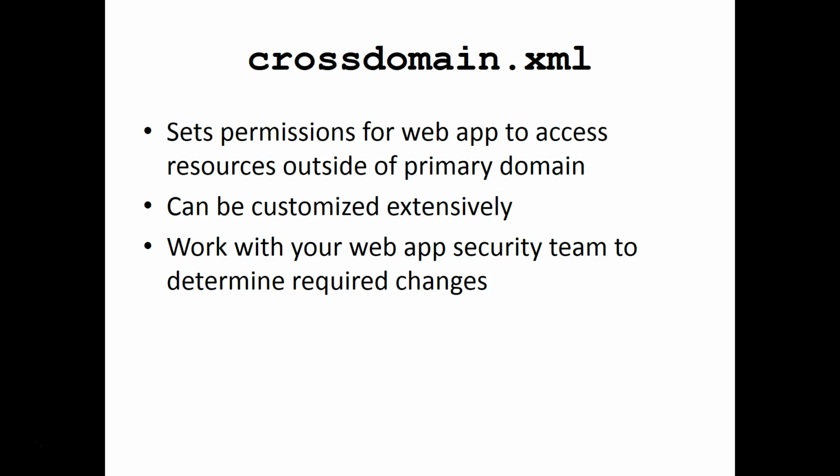Cross-domain XML. A security feature. This XML file sets permissions and guidelines for the web app to access resources outside of the primary domain. This is a big deal nowadays. Browsers are getting very, very picky about web applications that call out pieces of JavaScript or JPEGs.